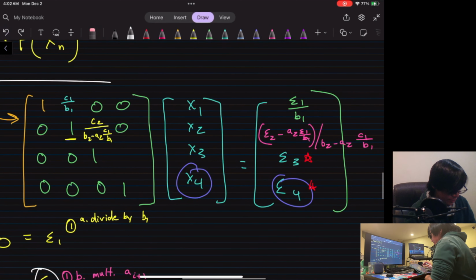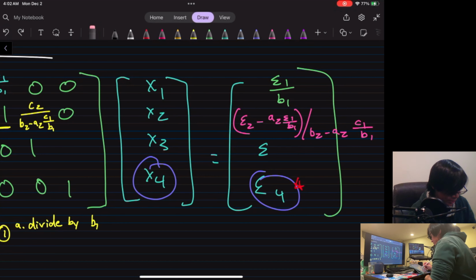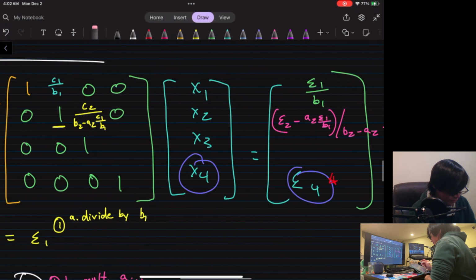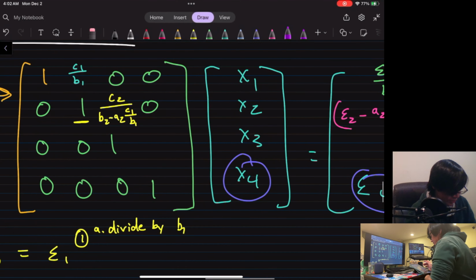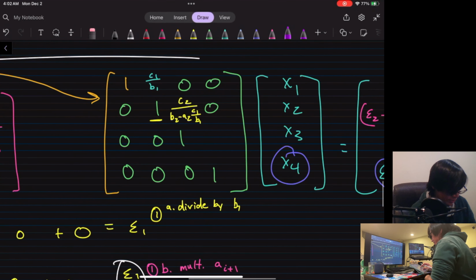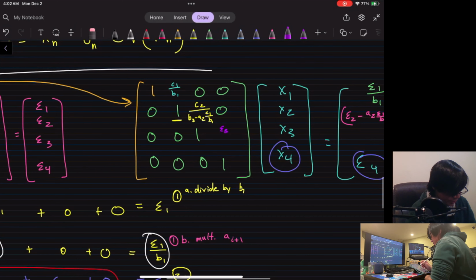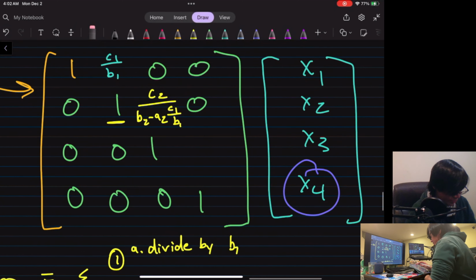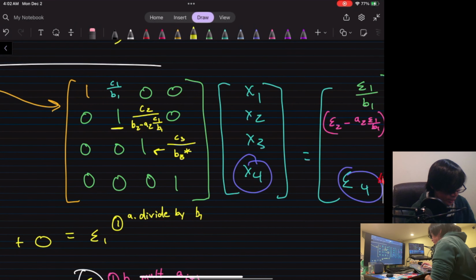C here, I think we did this already. Is it worth doing? Yeah, we can show it. So it'd be C3. I don't think I'll write it all out, but C3 over the next modified B. So this would be the modified B of the third row.